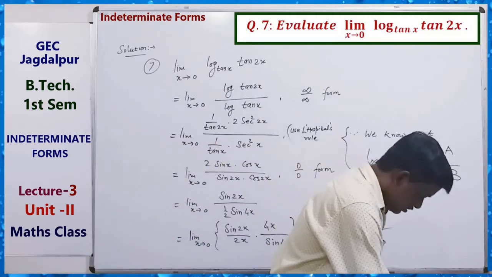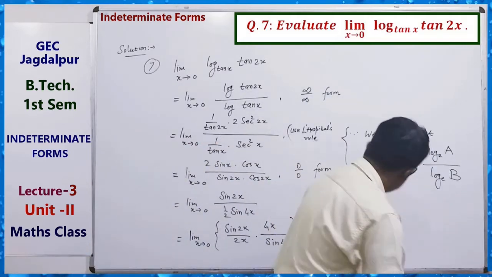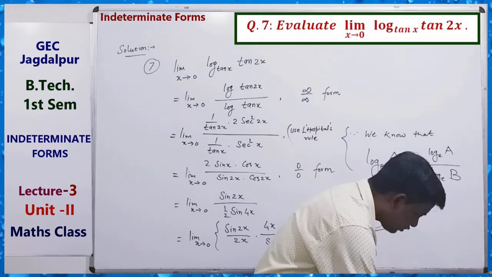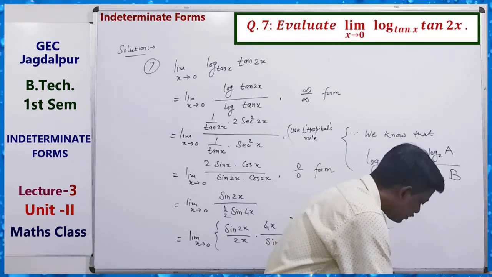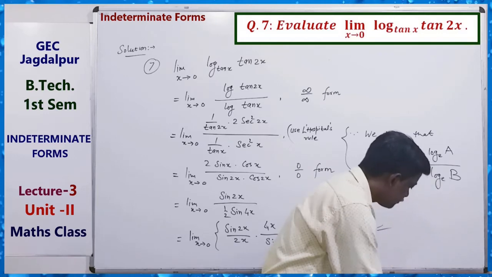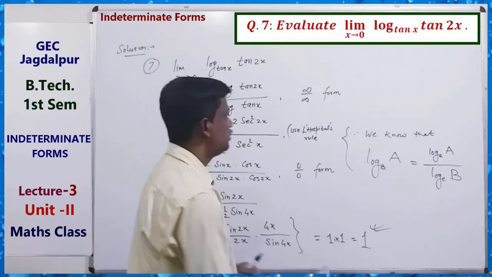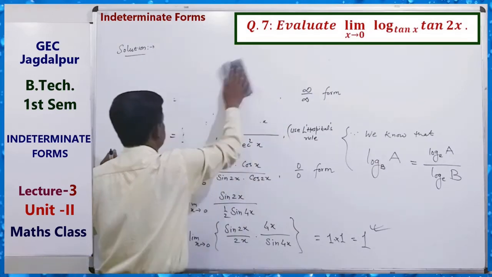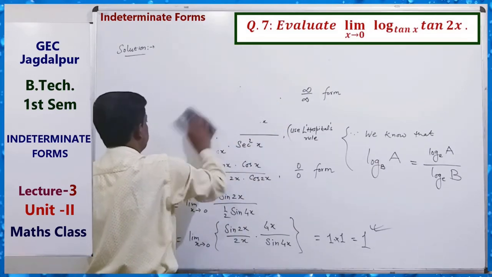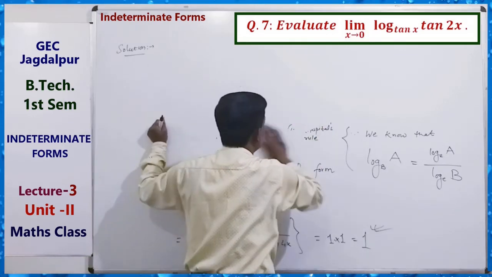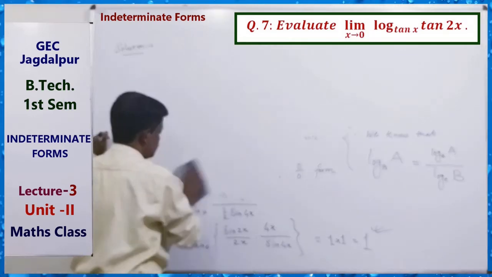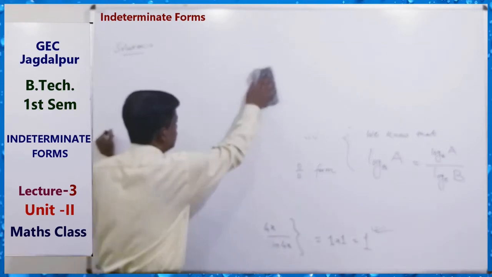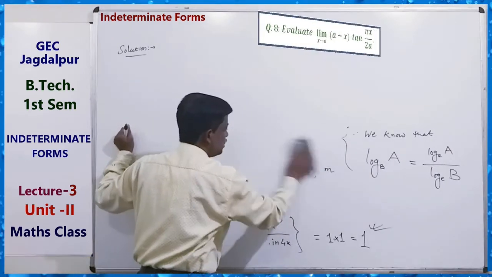Now just take questions as 0 into infinity form. The another form is, we know what? 0 into infinity form. So if the format is given as 0 into infinity form, then we can solve it by also doing it in the form of 0 by 0 form.